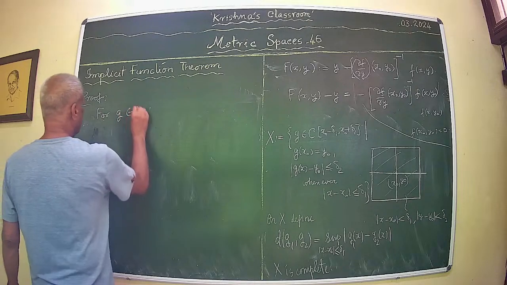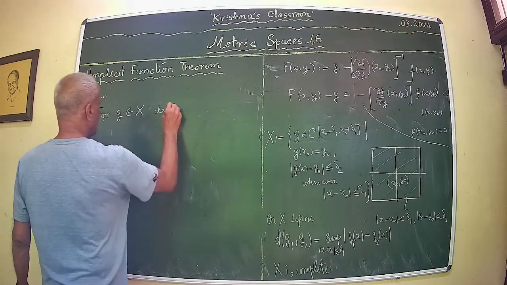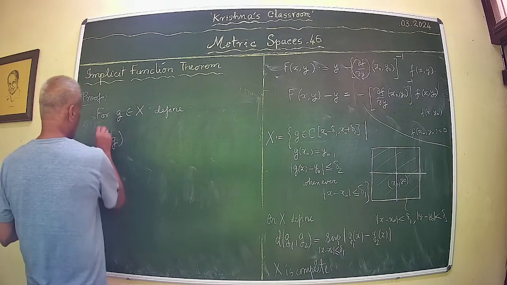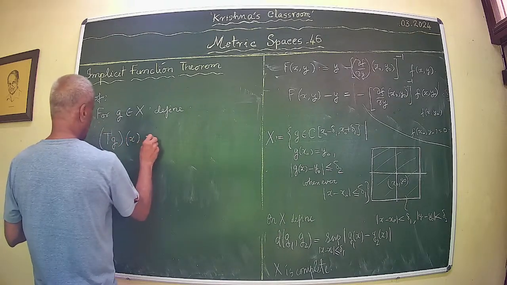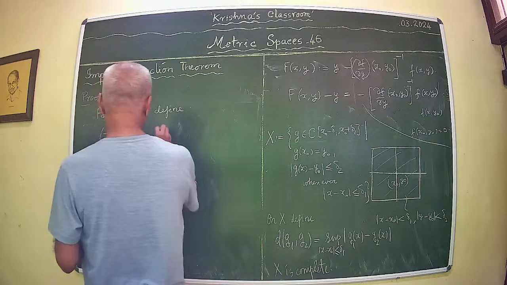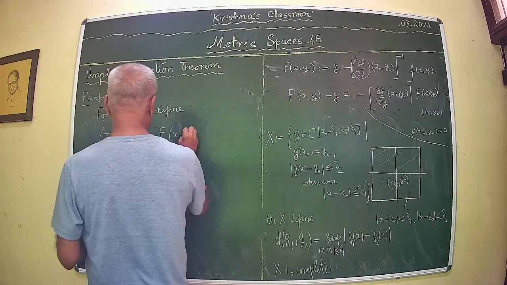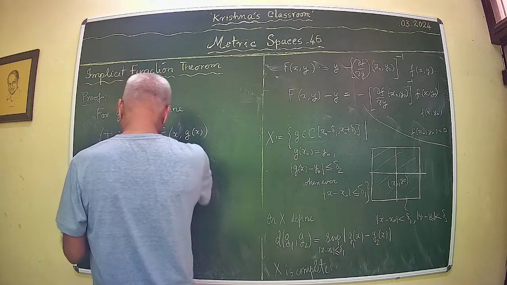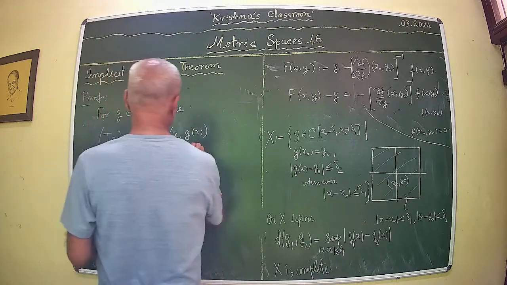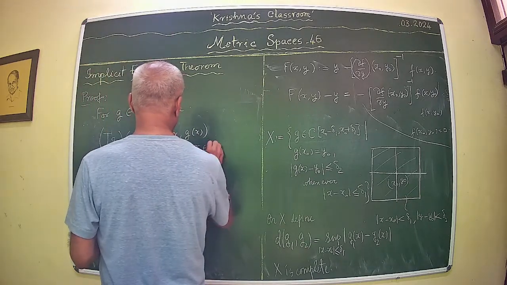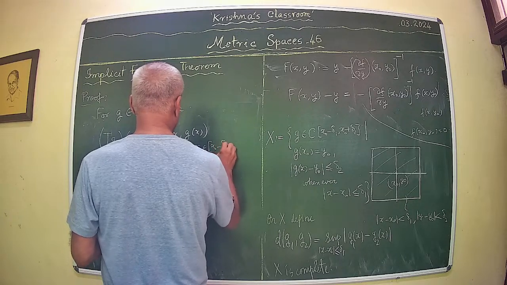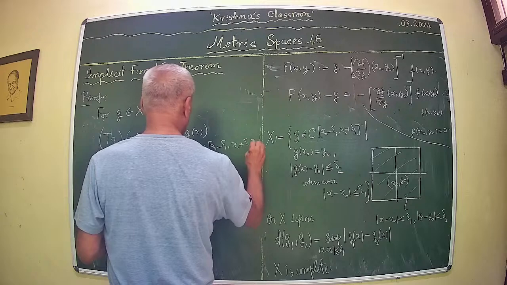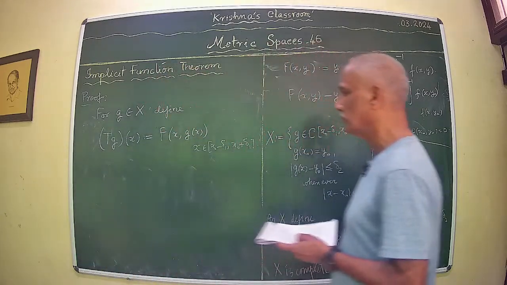For g belonging to X, define Tg of x for x belonging to the interval. This is the definition.